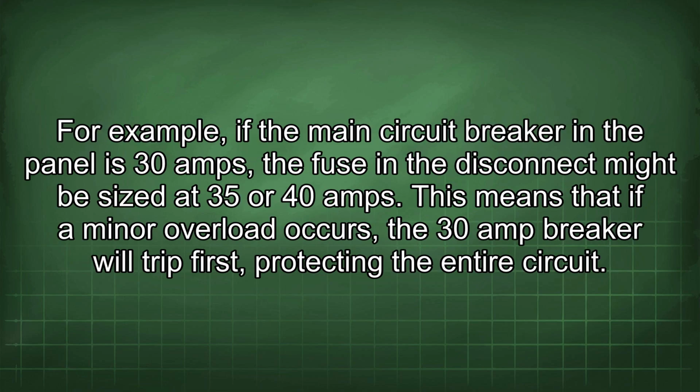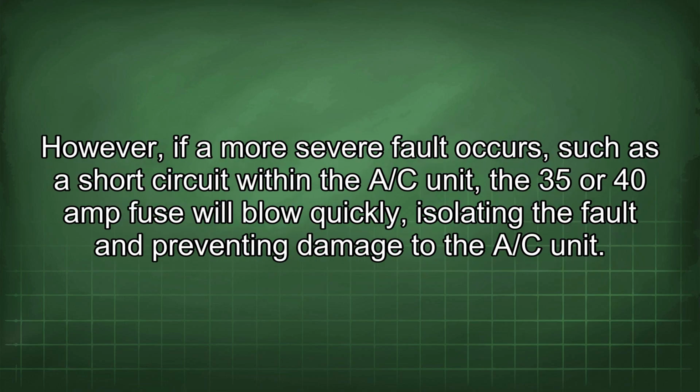For example, if the main circuit breaker in the panel is 30 amps, the fuse in the disconnect might be sized at 35 or 40 amps. This means that if a minor overload occurs, the 30 amp breaker will trip first, protecting the entire circuit. However, if a more severe fault occurs, such as a short circuit within the A/C unit, the 35 or 40 amp fuse will blow quickly, isolating the fault and preventing damage to the A/C unit.